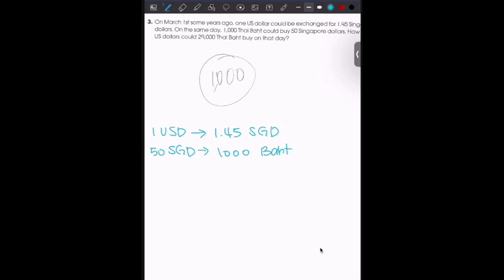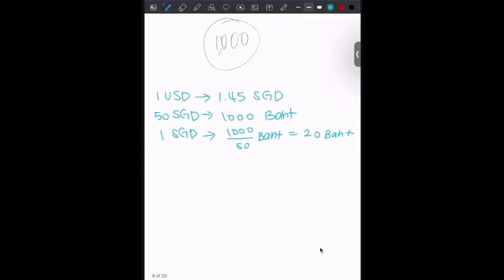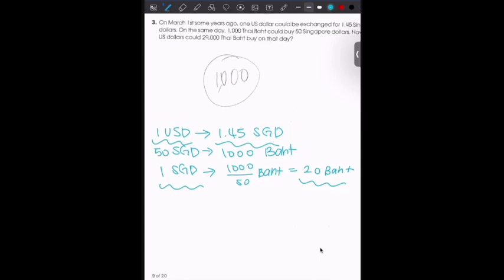That means that 1 Singapore dollar was equal to 1,000 over 50 baht, which is equal to 20 baht. So now the information that we have is that 1 Singapore dollar was 20 baht and 1 US dollar was 1.45 Singapore dollars.